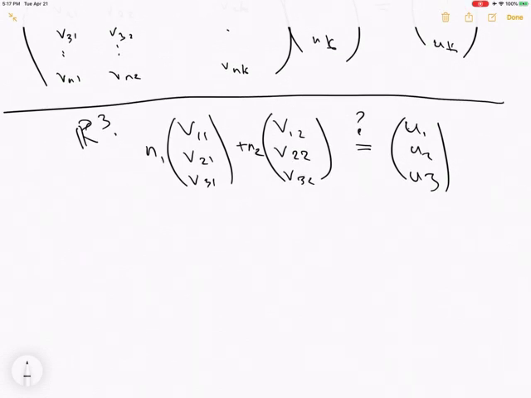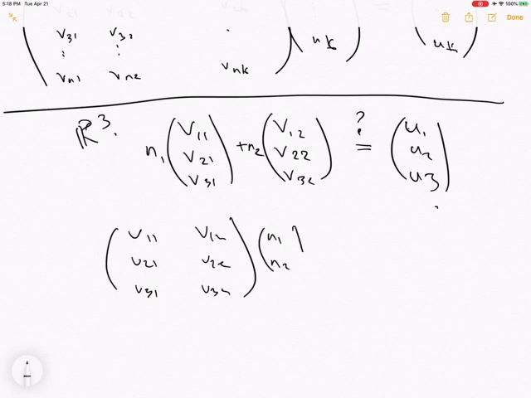You're trying to express one vector, written as a column, as a combination of two other column vectors. The reason it's convenient to write it like this is that you can express this as a single matrix equation: that matrix times this matrix equals u1, u2, u3. And so you can try to solve this equation.